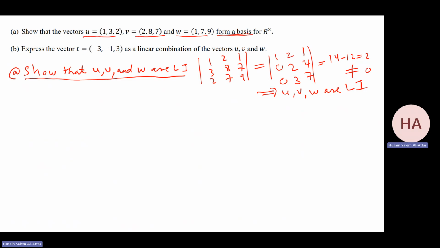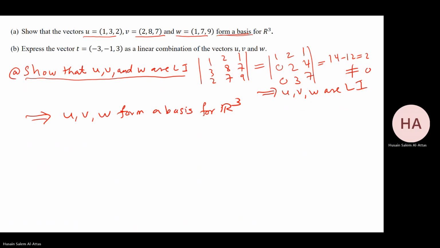If they are three and they are linearly independent in R3, that means what? U, V, W form a basis for R3. So what kind of question are we expecting if they form a basis?